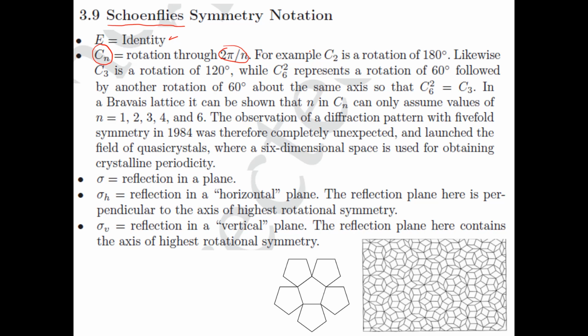For example, C2 is a rotation of 180 degrees, C3 is a rotation of 120 degrees, and so forth. For molecules and solids, most of the cases we're going to see correspond to rotations of C2, C3, C4, and C6.